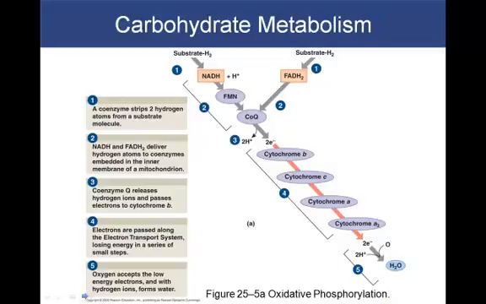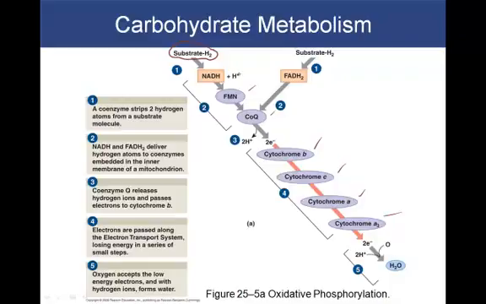This actually is 25-5A, and it kind of goes through the steps. We start out with a substrate, that organic molecule in the TCA cycle, and the NAD and FAD have stripped hydrogen off of that substrate. It is then carried to the electron transport, and these are the proteins of the electron transport chain.